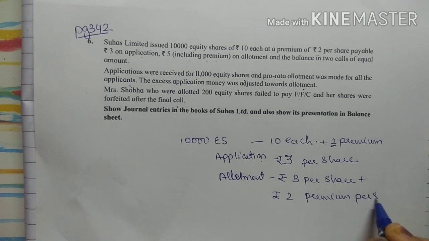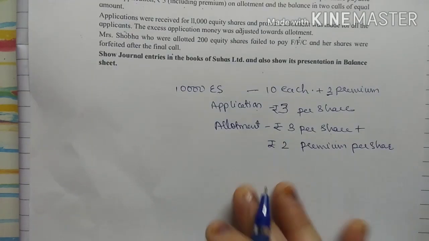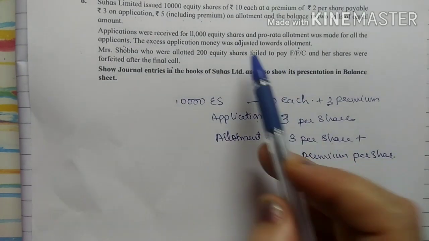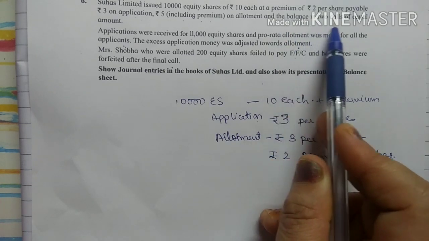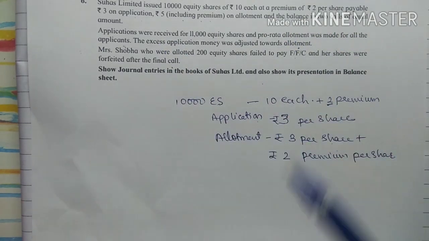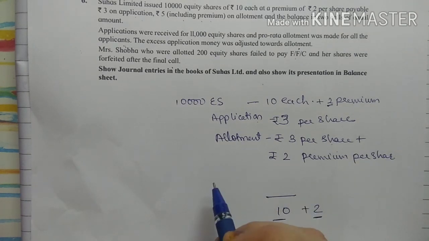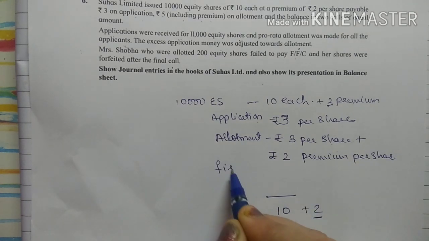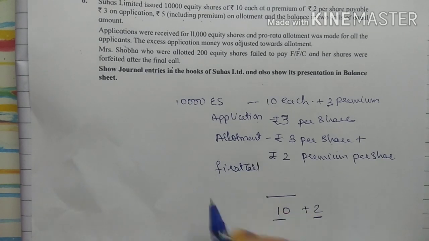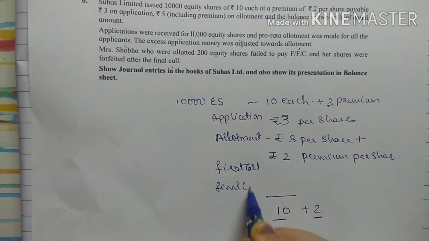Now what they have told us, and the balance in 2 calls of equal amount. Now see here, our share value is 10 plus 2. 2 is premium and 10 is our face value of the share. And now they have told for 2 calls, that is the first call and final call.